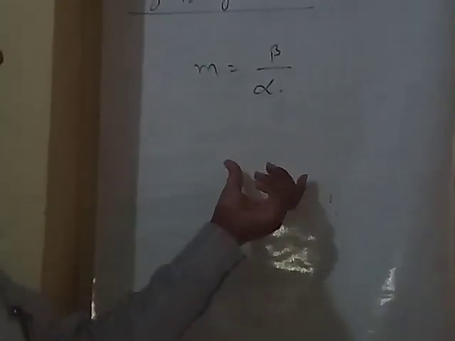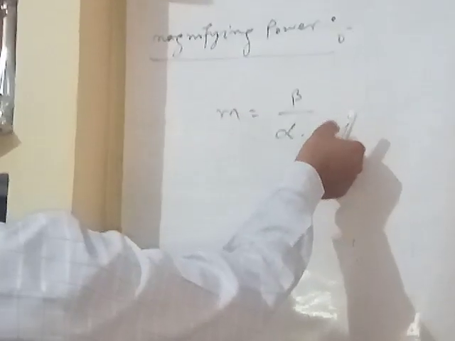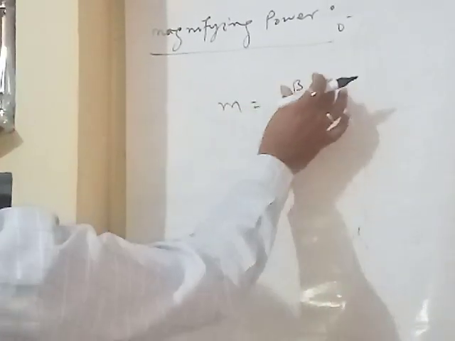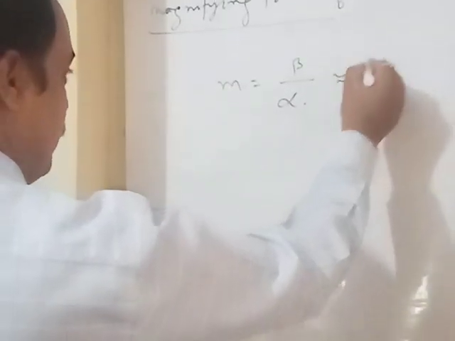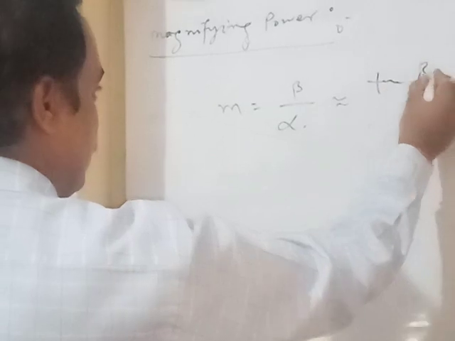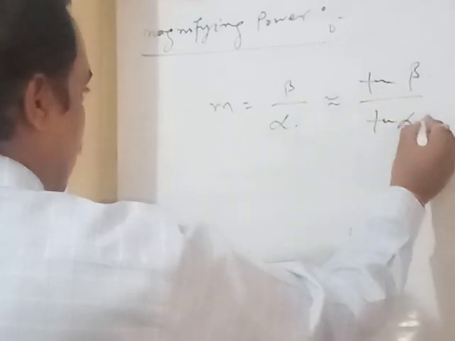In the previous ray diagram of the compound microscope, we mark the angles alpha and beta. Using that diagram, magnification m equal to beta by alpha. Since alpha and beta are very small, we may write them as tan beta and tan alpha.